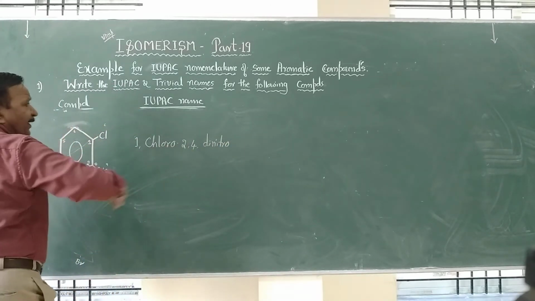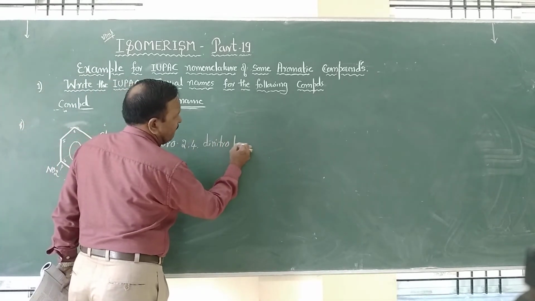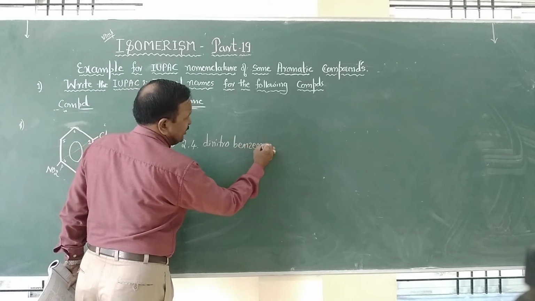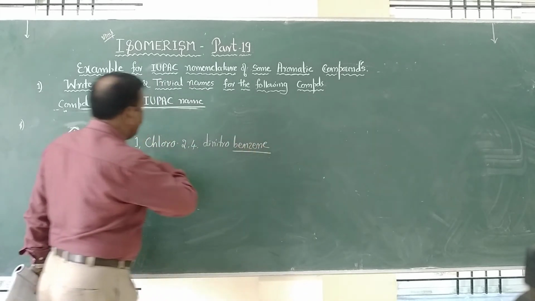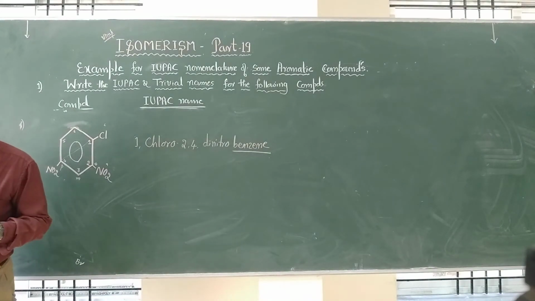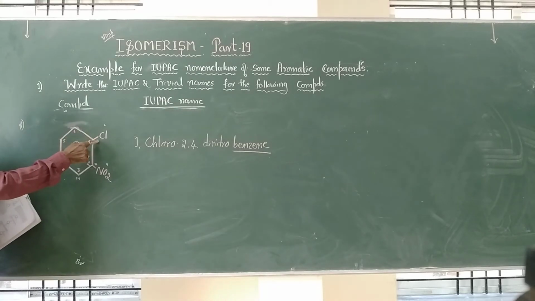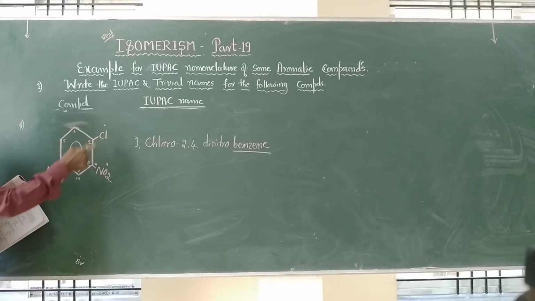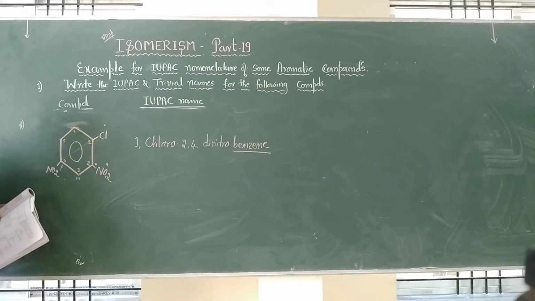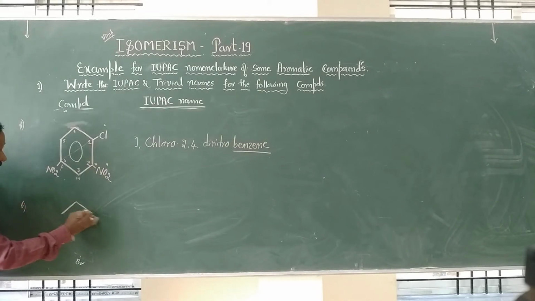Okay? Parent compound is benzene. Dinitrobenzene. There is no special name for chlorobenzene, so it is called dinitrobenzene, and it should not be 4-chloro, because chlorine comes first according to alphabet letter also, and even according to order of preference, chlorine will come first.